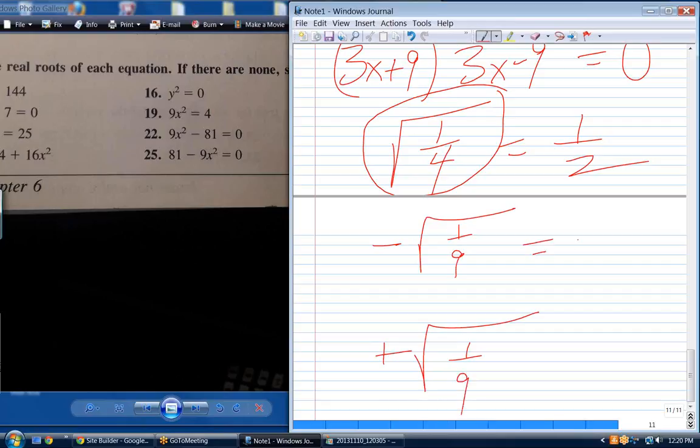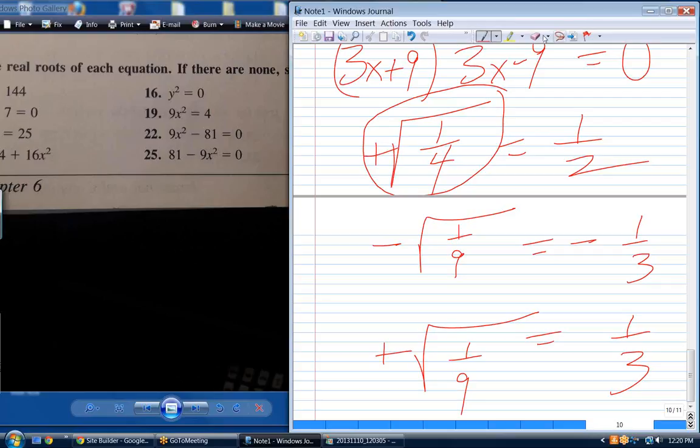So this would be minus 1/3. This would be plus 1/3. It's not plus or minus just because we take the square root of it. The moment you write the radical sign, you're assuming there's a plus sign in front of that, just like whenever you write any number, you assume that there's a plus sign in front of it unless you put a minus sign in front of it.